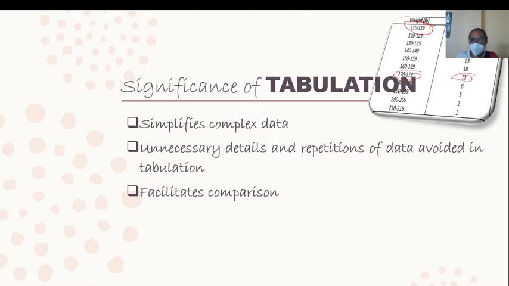Nakuha niyo, we need to compare. Mas madali natin makita at ma-compare using tabulation. Next, it gives identity to data. Isang estudyante lang yung may weight na 110 to 119 pounds.